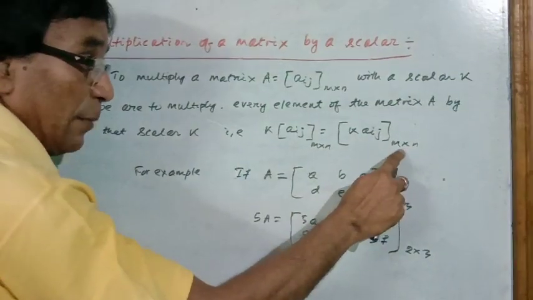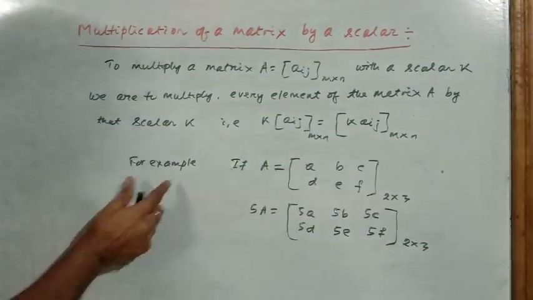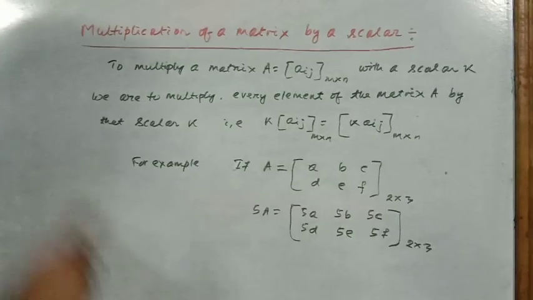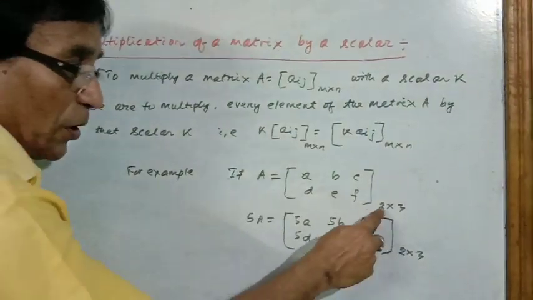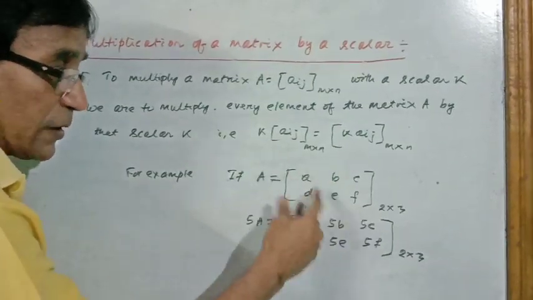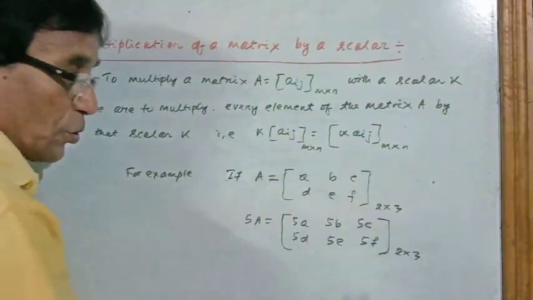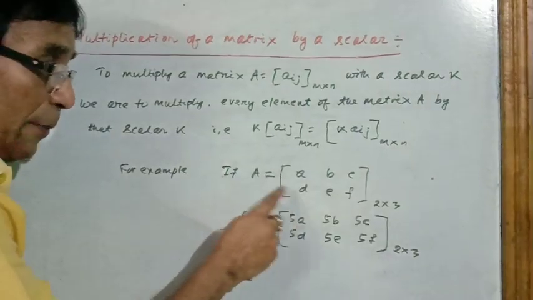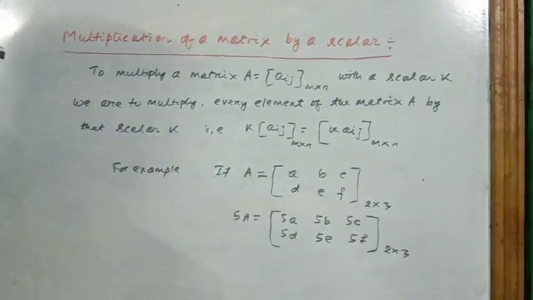Its order will remain the same, m cross n. For example, if we take a matrix of order 2 cross 3, which is a, b, c, d, e, f, it has 2 rows and 3 columns. So its order is 2 cross 3. If A is this matrix, then what will be the value of 5A?